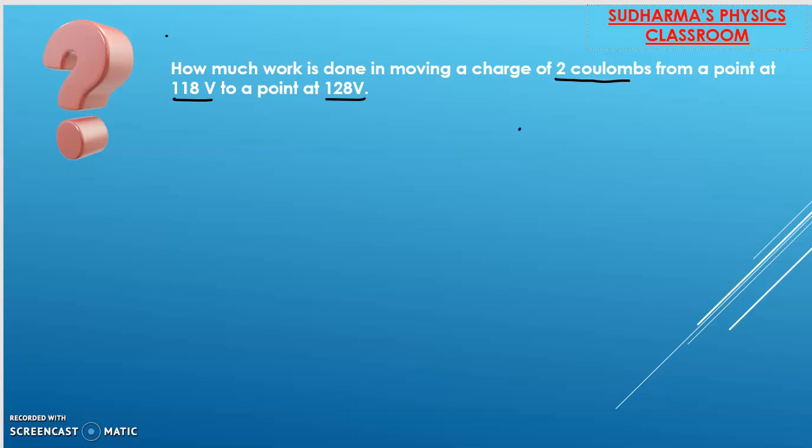We have 2 points where the electric potentials are 118 volt at one point and 128 volt at the other. Let's say it is A and B. So we can find the potential difference. V is equal to 128 minus 118. That's going to be 10 volt.